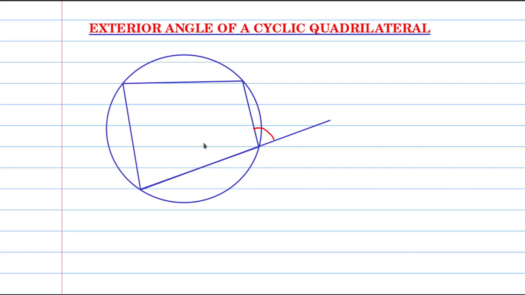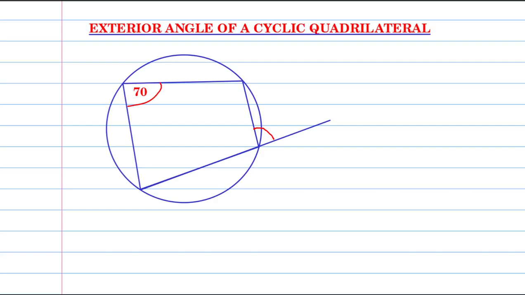exist. Now let's just assume you are given the value of this angle here as 70 degrees. Can you find the value of the exterior angle given the interior angle there?